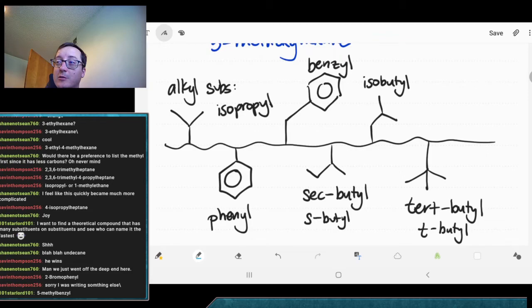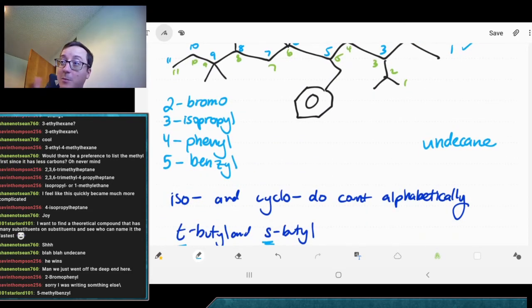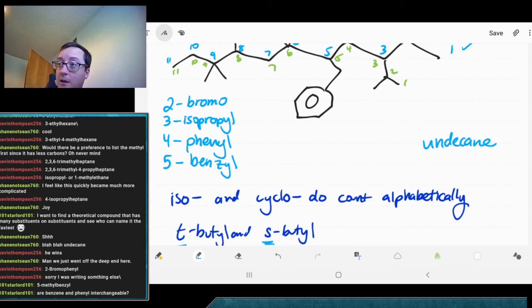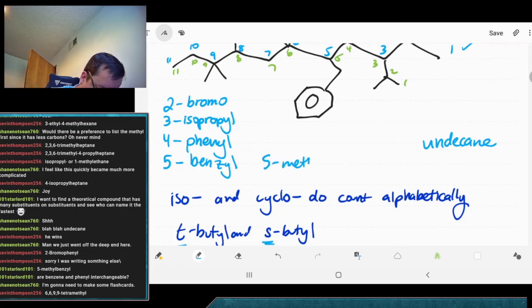You could do methylbenzyl, but you would need parentheses for that if you want to do it. And it would actually be methylphenyl. So, we could say 5-methylphenyl.